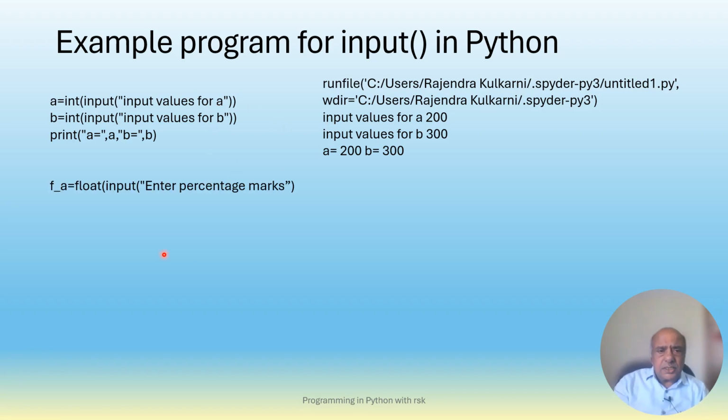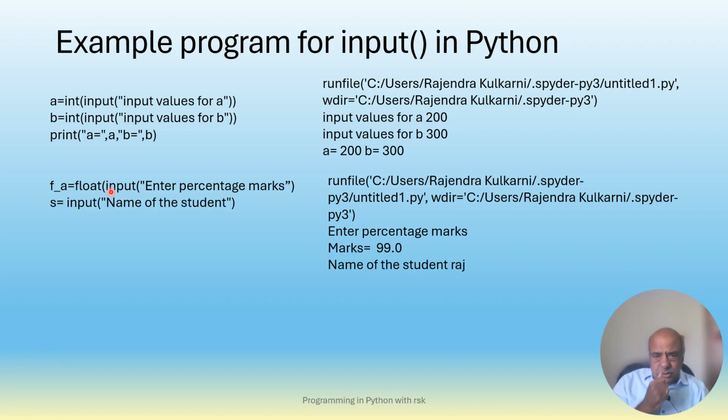Similarly, it is with float. Here we are inputting an int value, so we are typecasting the input as an int. Here in this particular case, I am entering a float value. This is another program with float which I have displayed here.